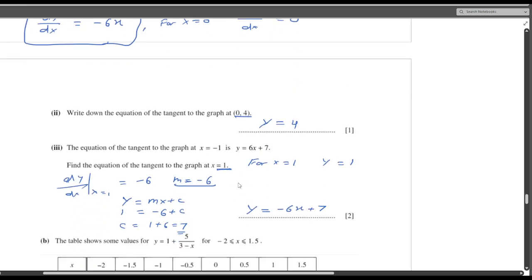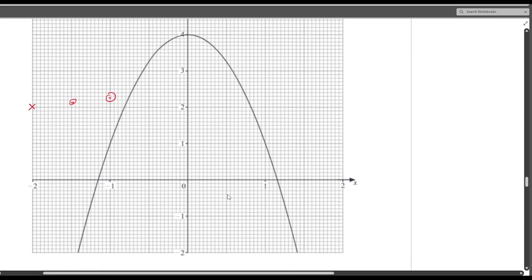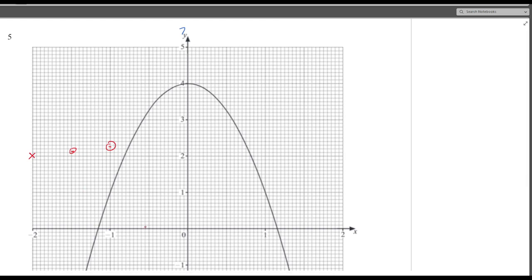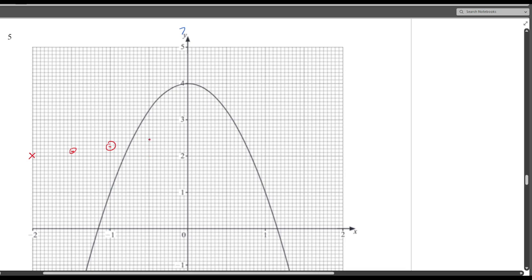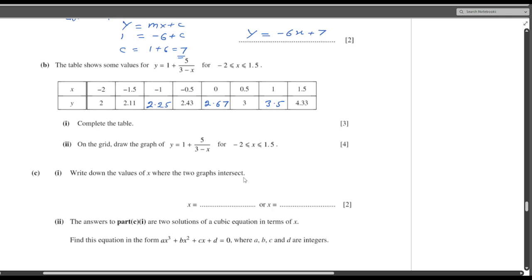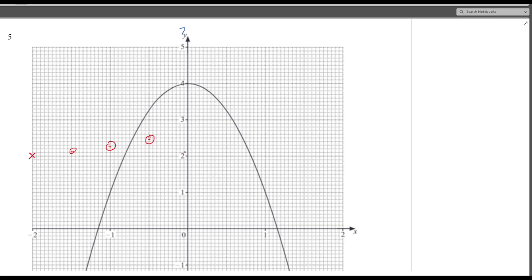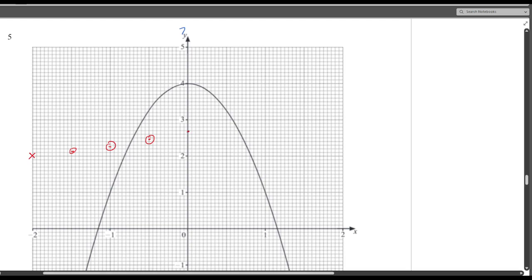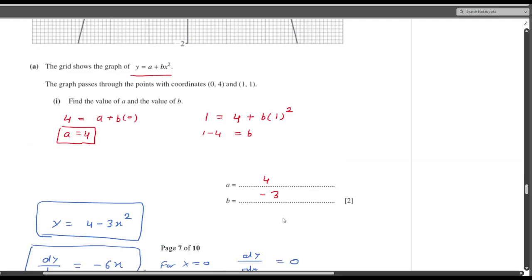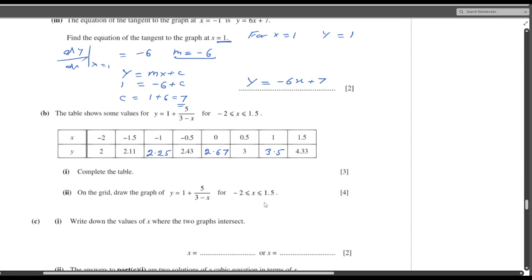Next after -1 it is -0.5, 2.43. So 2.43 is a point somewhere here. Then at 0 it is 2.67, somewhere here. For 0.5 it is 3.